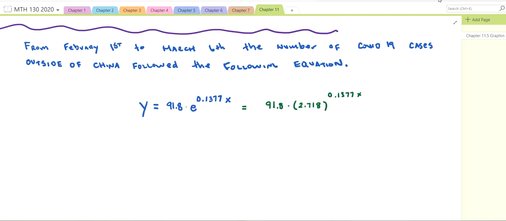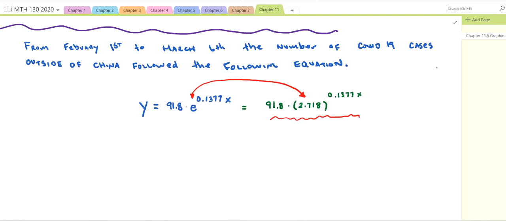E is an irrational number, so it's just a number, kind of like pi, only this number is 2.718, and then it goes on forever. I'm just going to estimate it as 2.718 here. So this is the relationship we want to look at and maybe discuss some ideas concerning it.